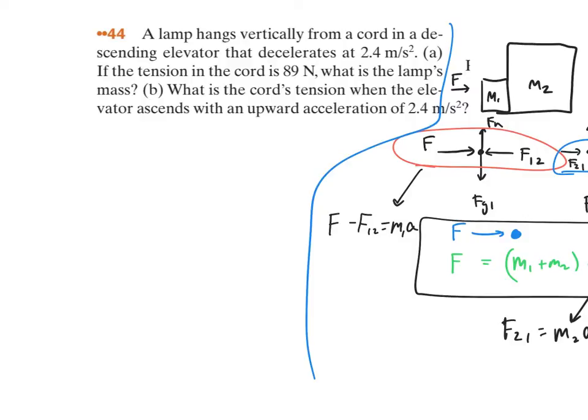So in part A at least, we know that the acceleration is acting vertically upward, so the acceleration equals 2.4 meters per second squared, and it's definitely positive because it's acting upward. If we think about a lamp hanging from a cord in an elevator, here's the lamp, there's the cord pulling up with tension, and here's the weight of the lamp acting down. For a full diagram, here's what it looks like.